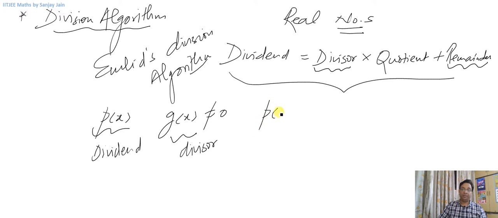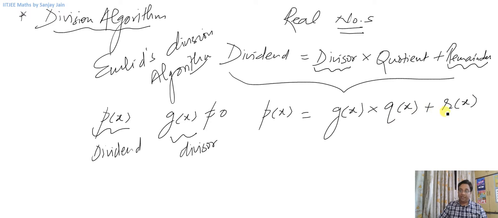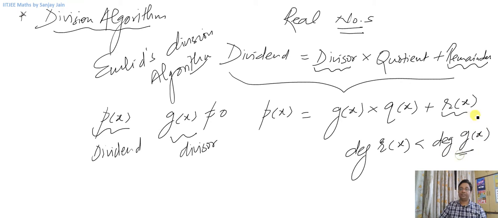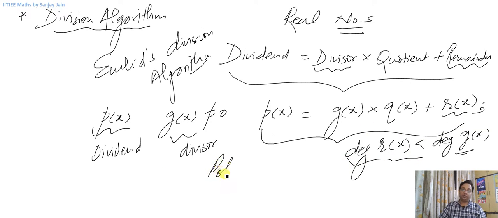When you divide p of x by this divisor g of x, you will get a certain quotient, let us say q of x, and a certain remainder r of x, where the degree of this remainder will always be lesser than the degree of the divisor, right? So this is Euclid's division algorithm that holds true in case of polynomials.